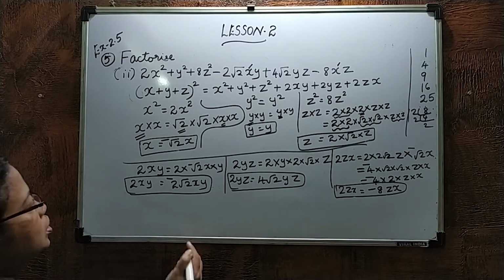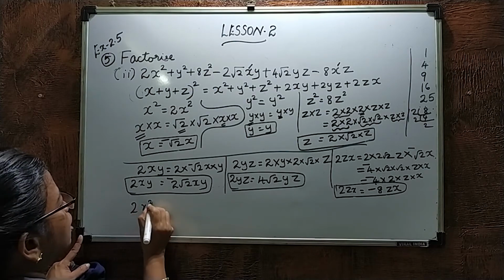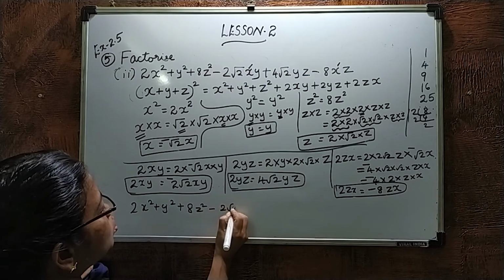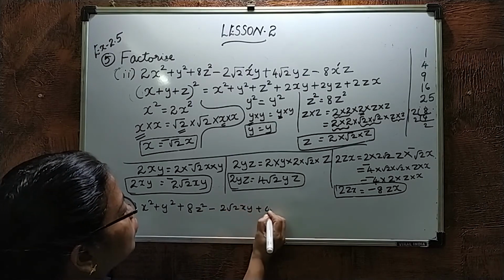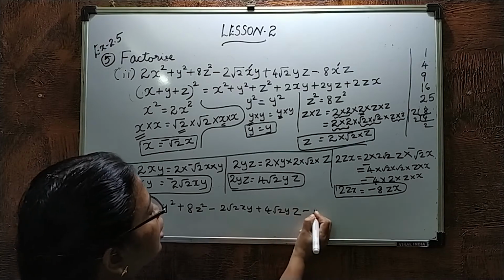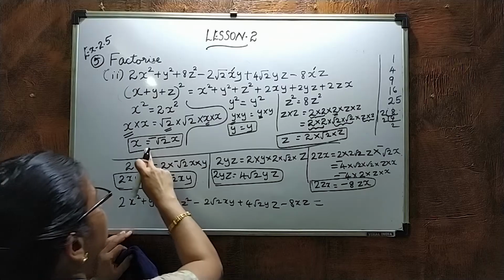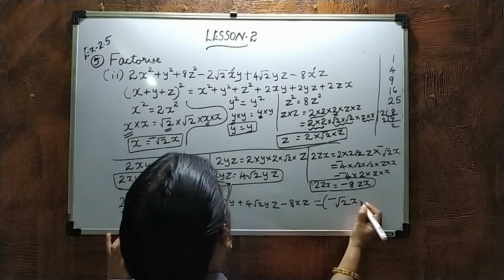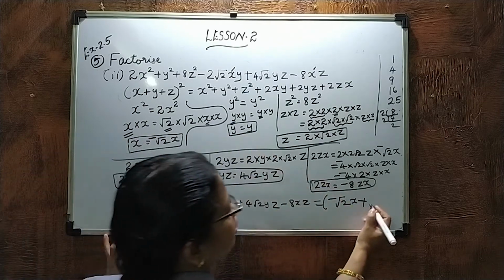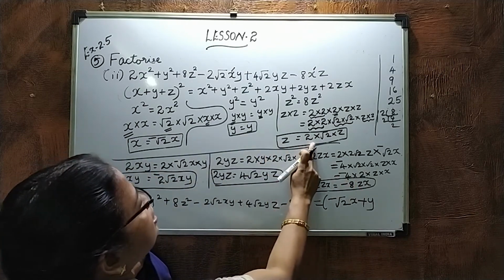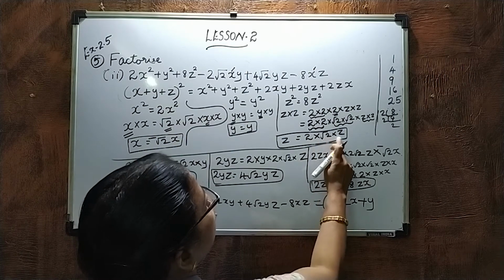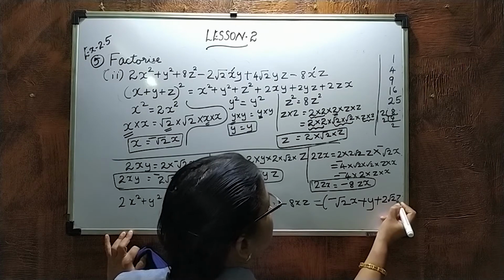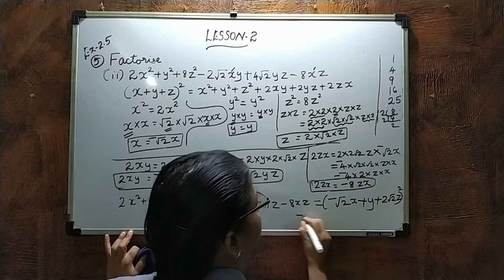So just substitute. The question is equal to 2x square plus y square plus 8z square minus 2 root 2 xy plus 4 root 2 yz minus 8xz is equal to, x is negative root 2x plus y is y, then z is equal to 2 root 2z, the whole square.